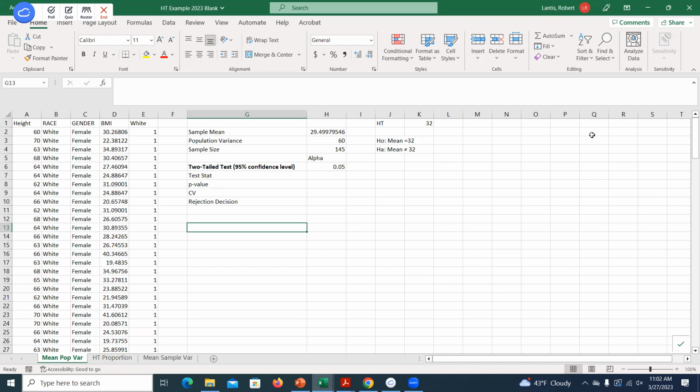So we started out a long time ago, and this is the very beginning of the Excel assignment. It goes all the way back to when we were looking at the Indiana weather data. We're just starting out with a normally distributed variable. We know that variable should be distributed around whatever the true population mean is.